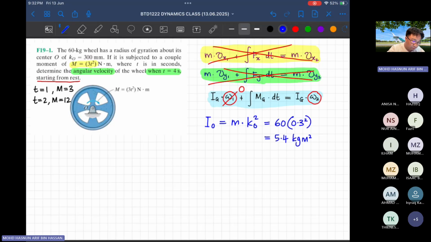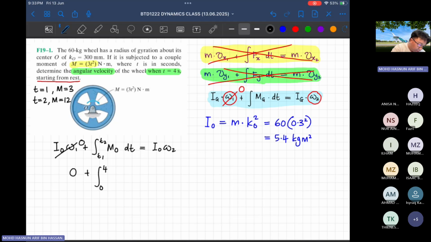Now we have the value of IO, so we can substitute it in the equation of the principle of angular impulse and momentum. We have IO omega 1 plus the integration from T1 to T2 of MO dt is equal to IO omega 2, because now we are using point O. We know that the first term is 0, so this will be 0 plus the integration from T1 is 0, it starts from 0, to T2 is 4, of MO dt.